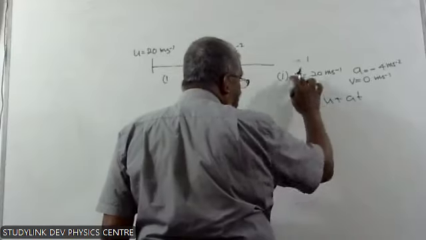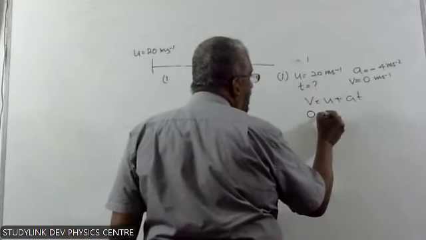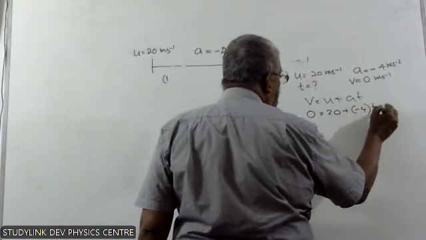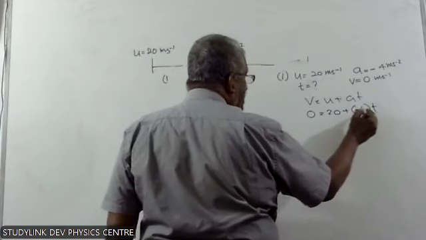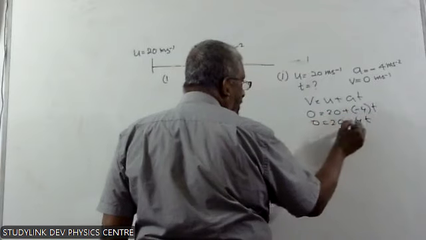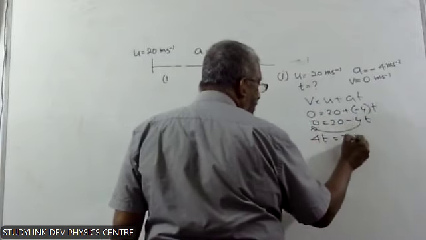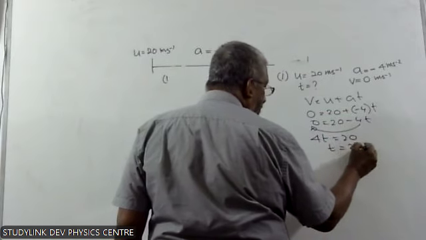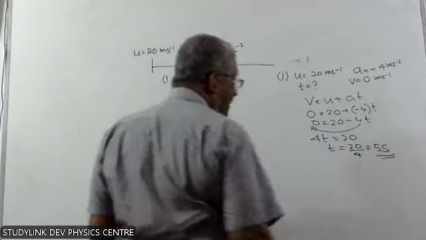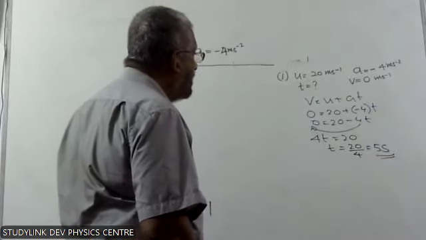Correct substitution means you substitute the values. 0 is equal to 20 plus minus 4 into t. That means 20 minus 4t is equal to 0. This can be taken to the other side, 4t is equal to 20. t is equal to 20 divided by 4, that is 5 seconds.